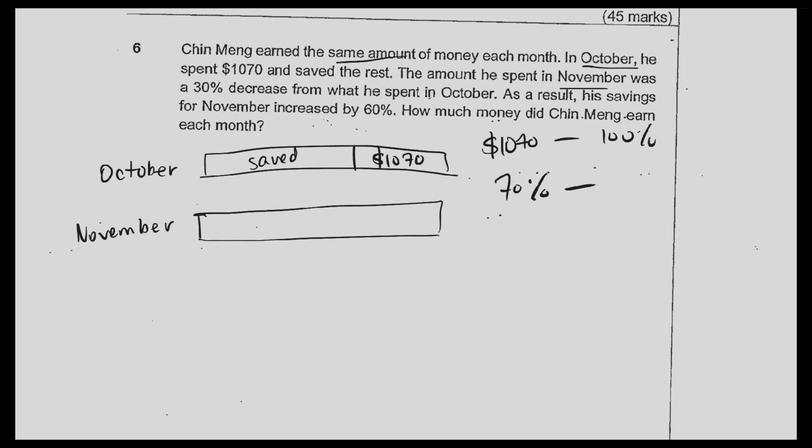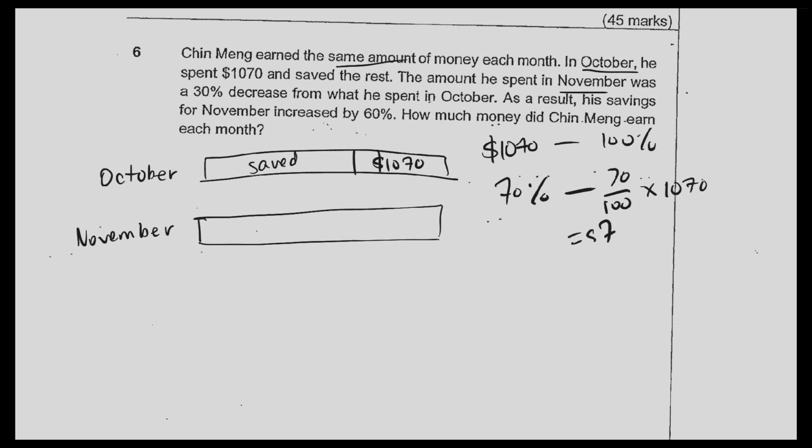That is 70 over 100 times 1070, which comes out to be $749. So he also spent $749. As a result, his savings for November increased by 60%.